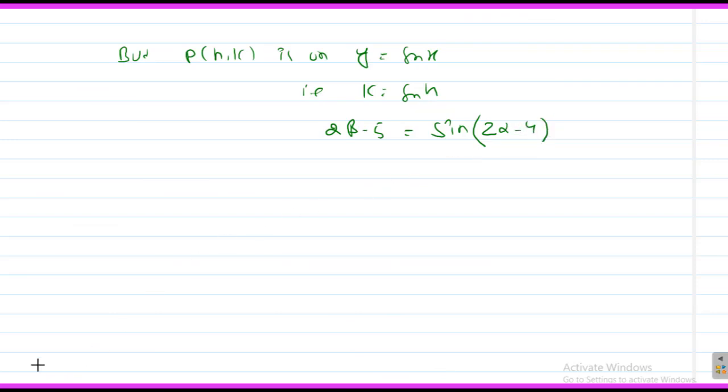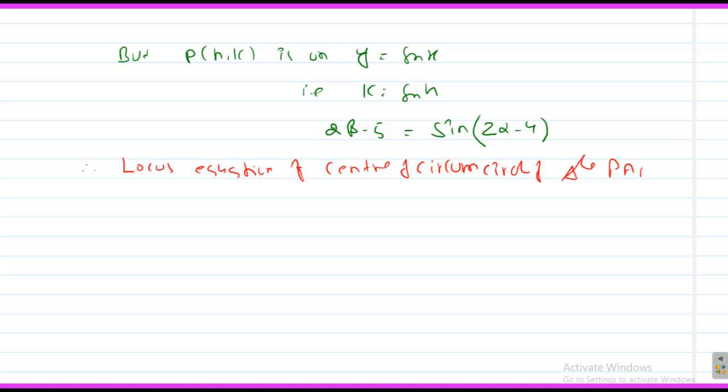Now I am generalizing. I want to write the locus equation, so instead of alpha I write x and instead of beta I write y. Therefore the locus equation of the center of the circumcircle of triangle PAB is 2y minus 5 equals sin of 2x minus 4.